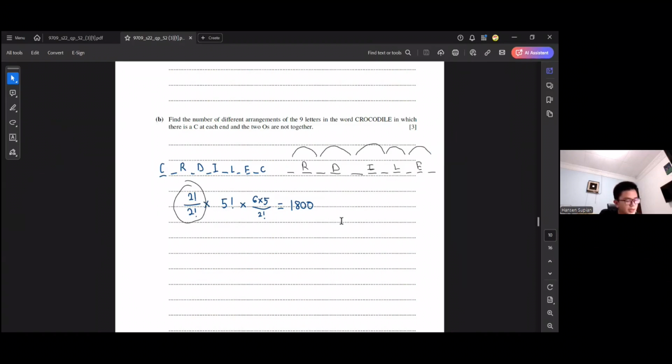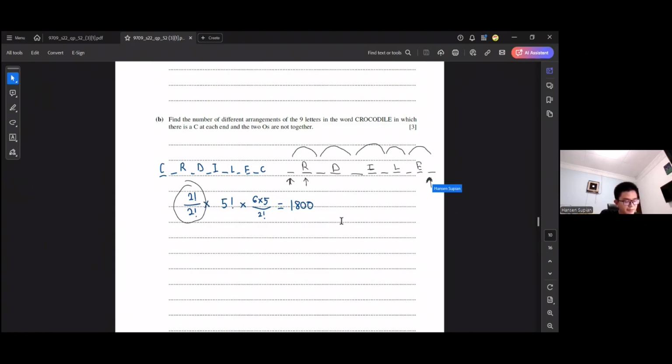But always remember to put a gap before the first letter that you want to use. Let's say the R here, there must be a gap here. This gap here. And also always at the end there must also be a gap here.